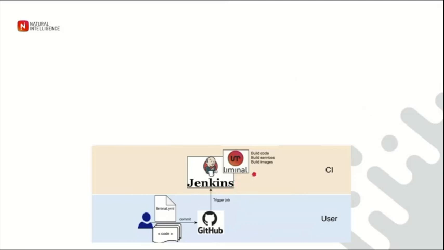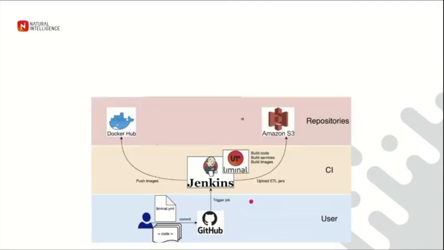There we have Liminal installed, which does the heavy lifting for the user in the areas of building code, building images out of their code, and building services out of their code. So when we say services, we mean a Docker image that starts a server, say an HTTP server, which allows services in our company access to a user's code without that user having to know how to create such a service.